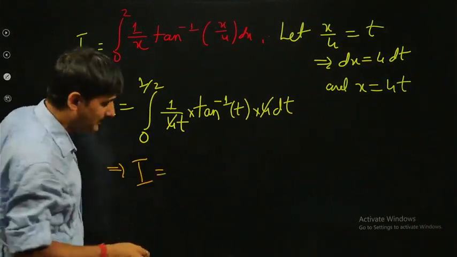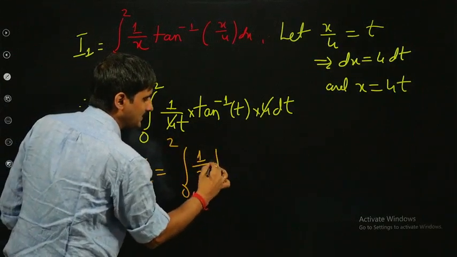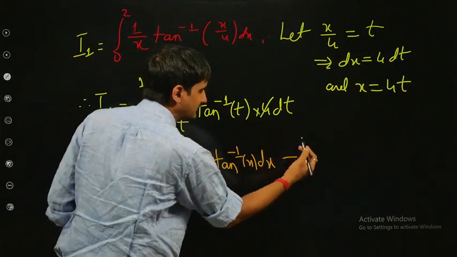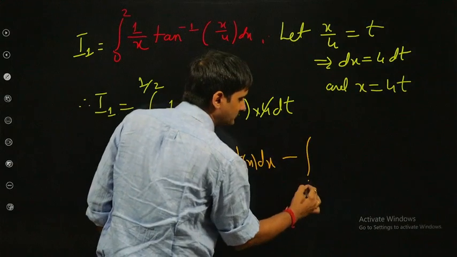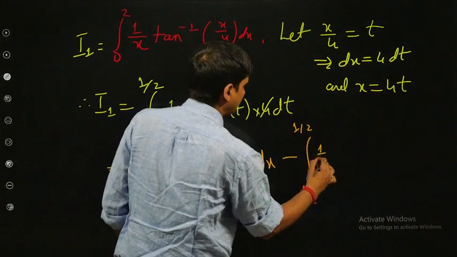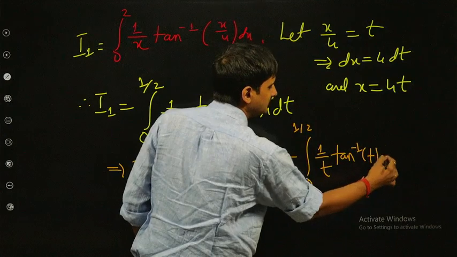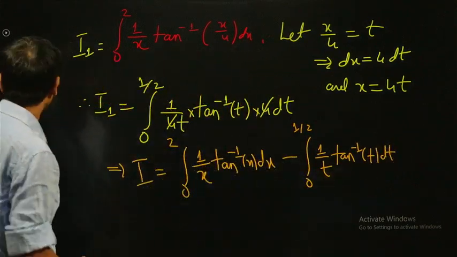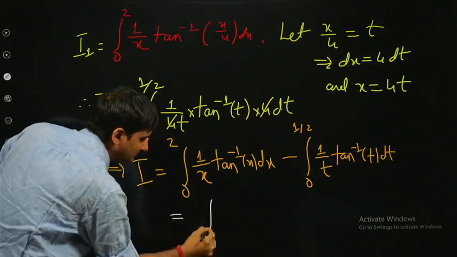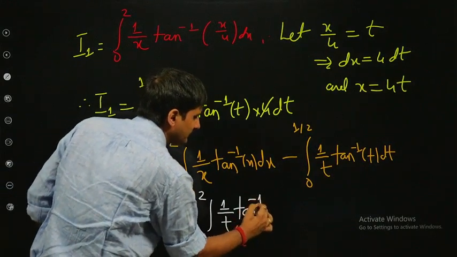Now I will write my integral, 0 to 2 of 1 by x tan inverse of x as the first term with respect to x, minus I1, which is 0 to half of 1 by t tan inverse of t dt.